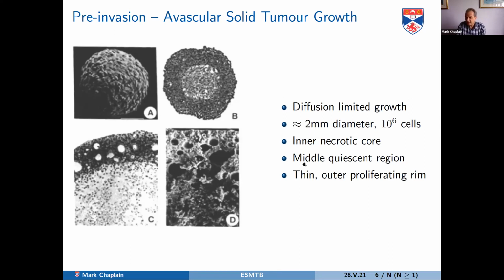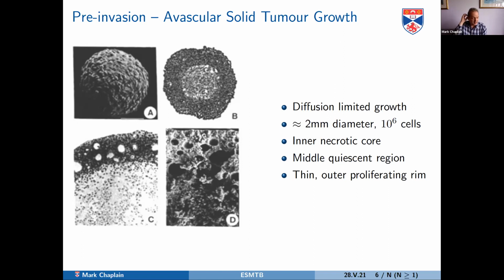And at that stage, there's a third region when you look at the cross-section of the tumor. There's a middle region, which is composed of quiescent cells. So they're neither dead nor alive. They're in this middle zone that if the oxygen levels improve, they would start proliferating again. And if the oxygen level worsens, they would become necrotic.